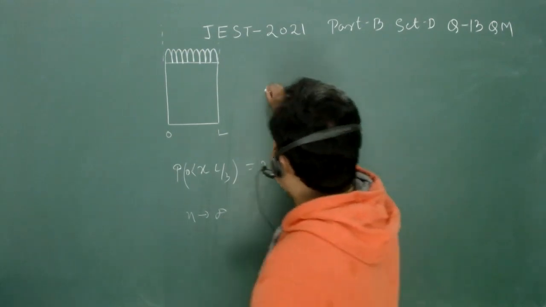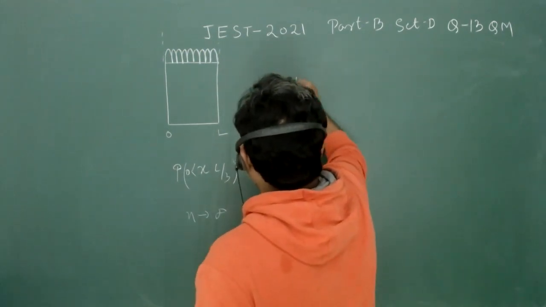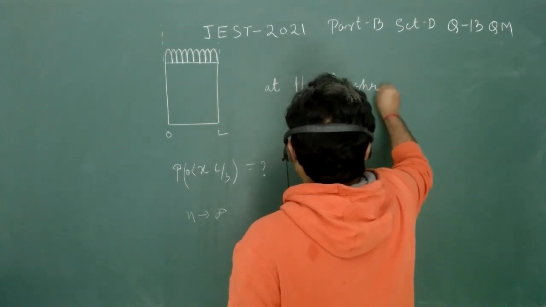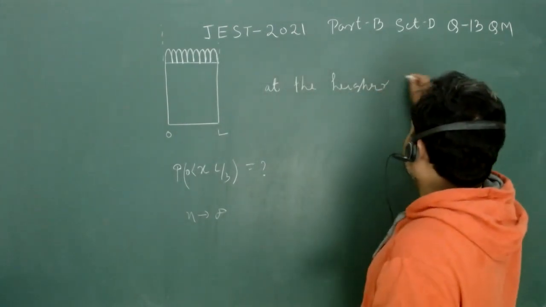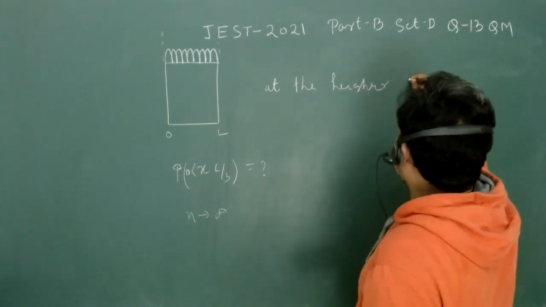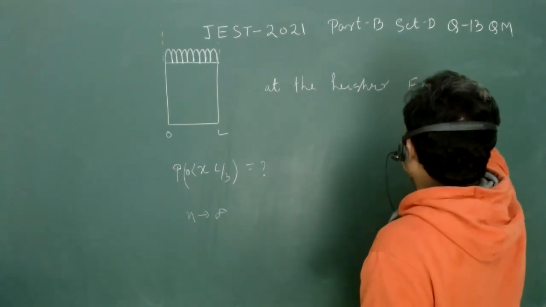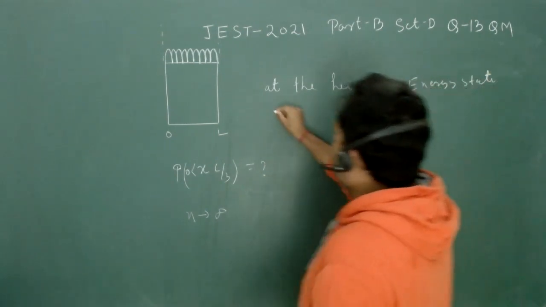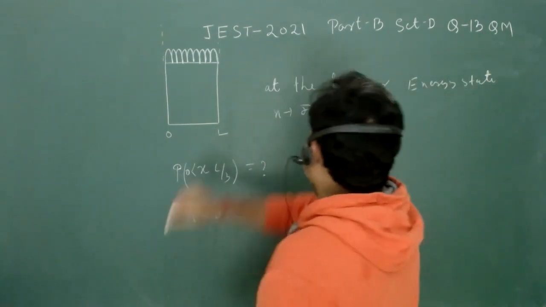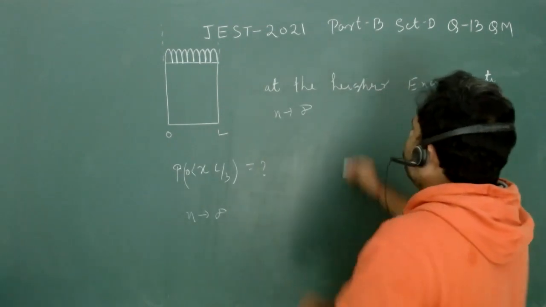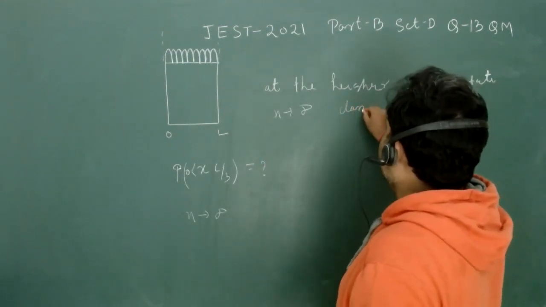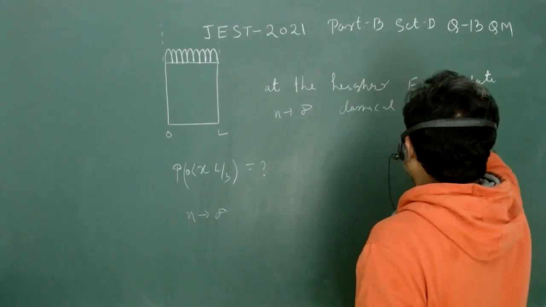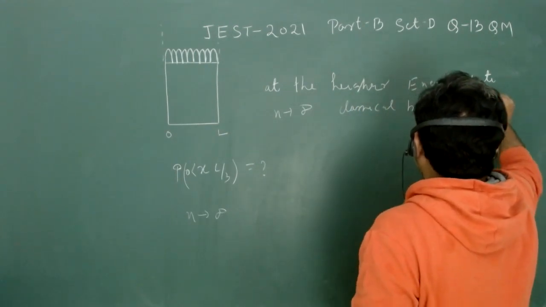So at the higher energy state, when n tends to infinity, classical behavior is dominant.